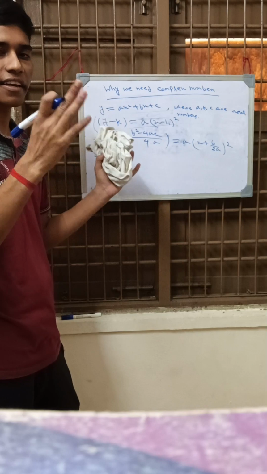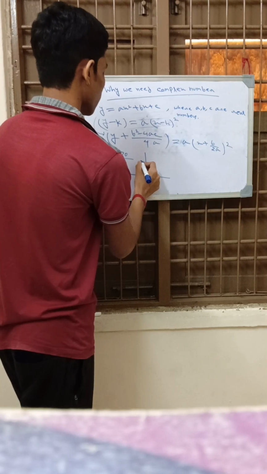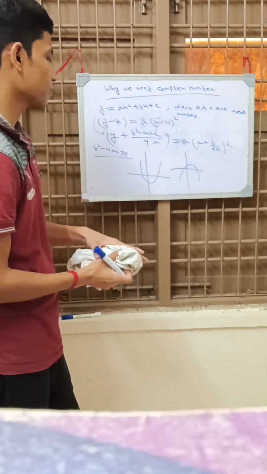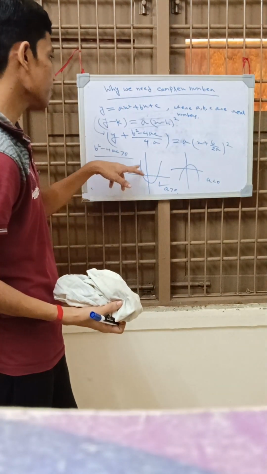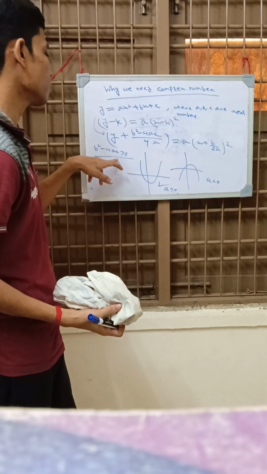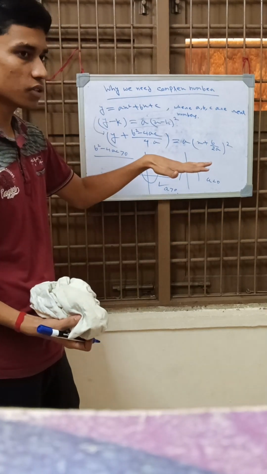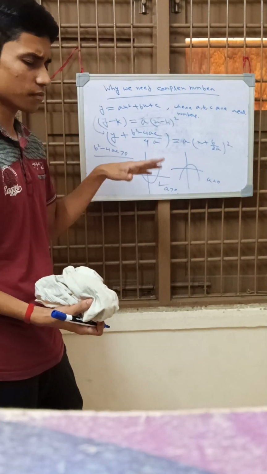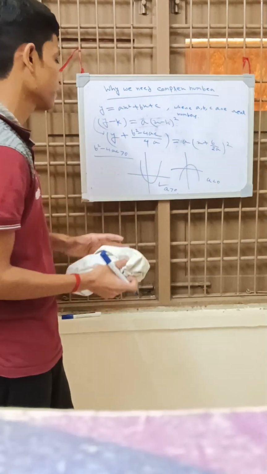Then the parabola cuts the real line at exactly 2 points. It looks like either this type or this type, depending on the sign of a. If a is greater than 0, it looks like this type, and if a is less than 0, it looks like this type. When y equals 0, x equals minus b plus minus root of b square minus 4ac by 2a, so it cuts the real line at 2 points.